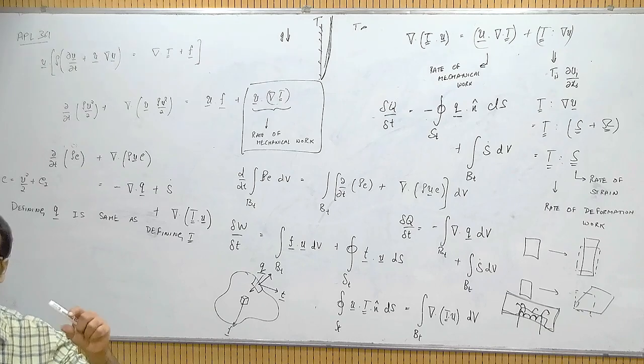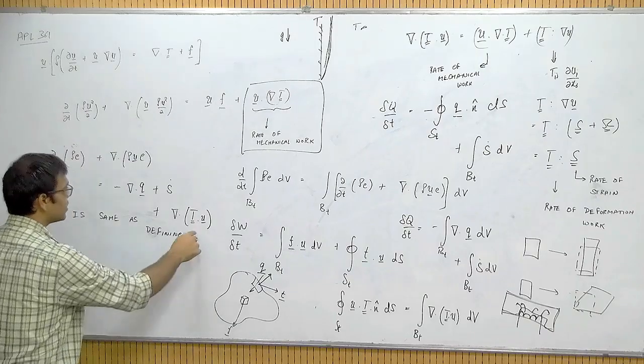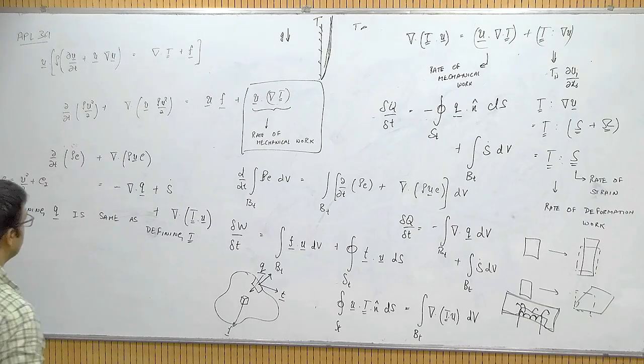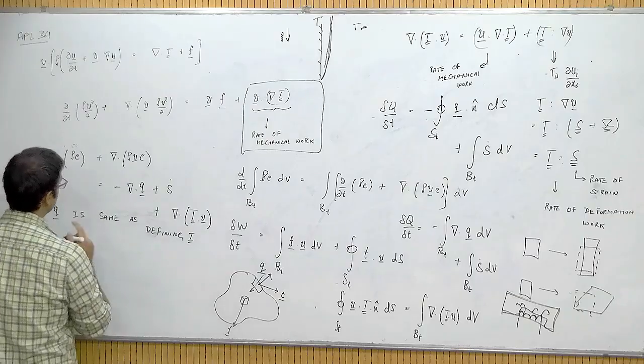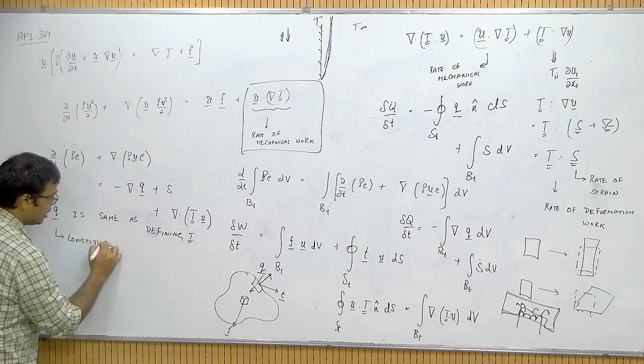If you had a vacuum between them, they would never communicate, there won't be any temperature transfer. Okay, so the physical mechanism which is resulting in this surface traction is actually the same as the physical mechanism which is resulting in this Q vector, and that is the momentum transfer or the rate of momentum transfer due to the vibration of molecules. So defining Q is also a part of what we called constitutive modeling.